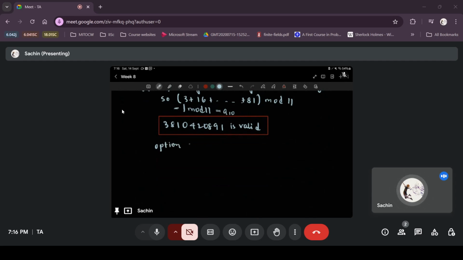Option C has the same message bits as B, but the parity bit is 0, so it is invalid.